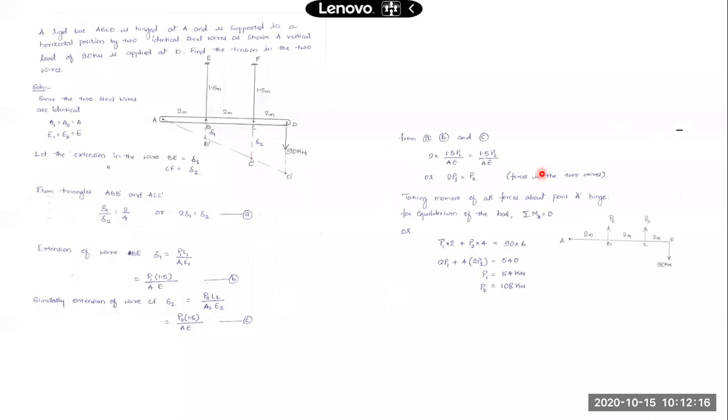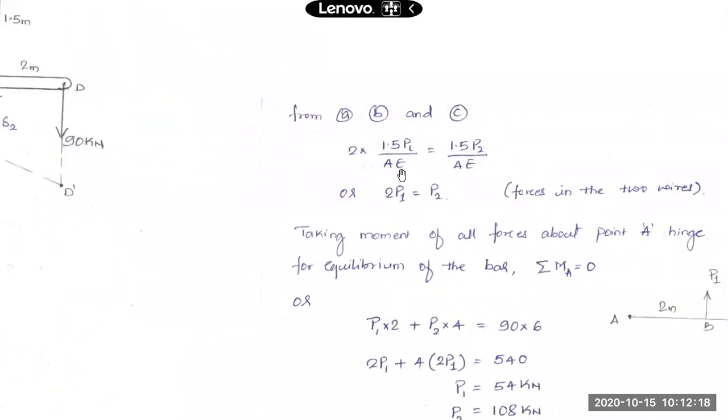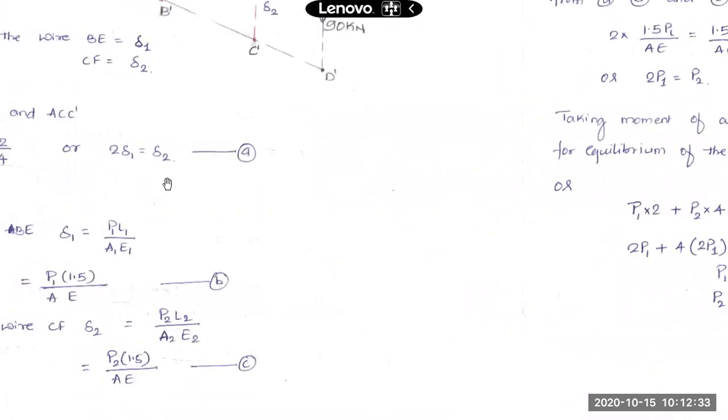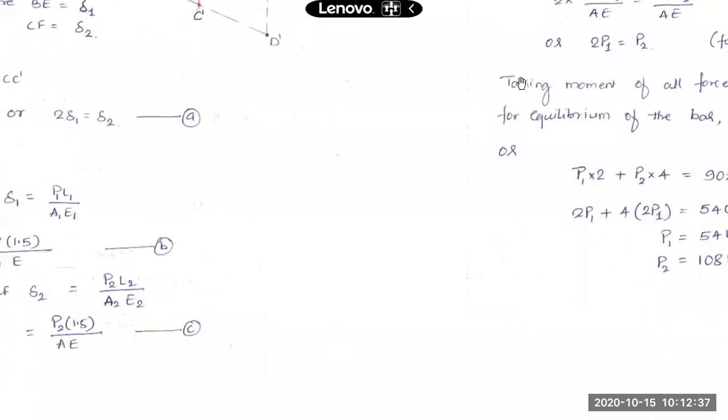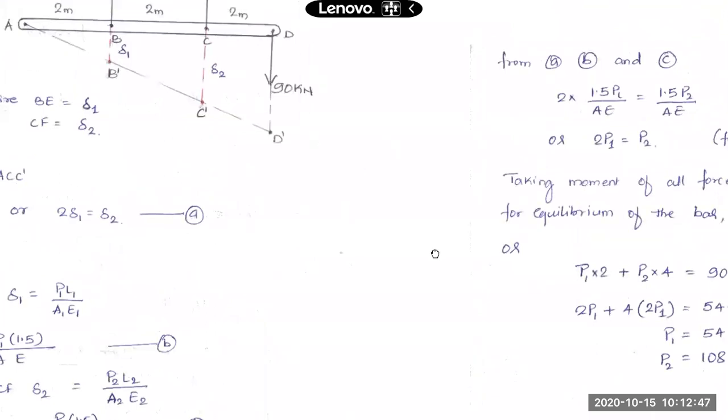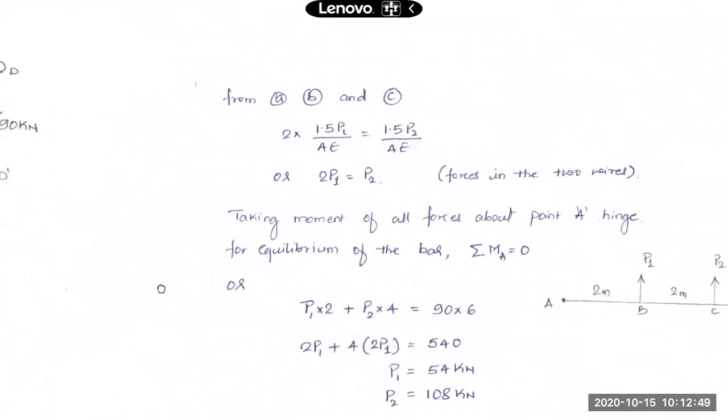When I go for simplifying this, the deformation in the first wire, 2 times delta 1, will be equal to delta 2. This is one relation we obtained from the similar triangle relation. 2 into delta 1 is equal to delta 2, so I use the expressions we wrote for delta 1 and delta 2.